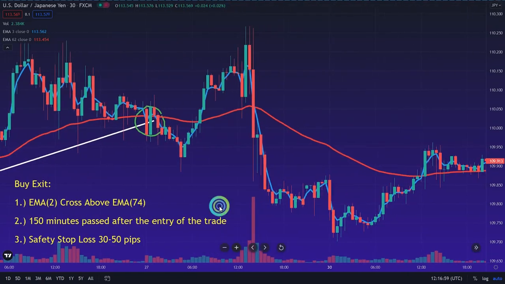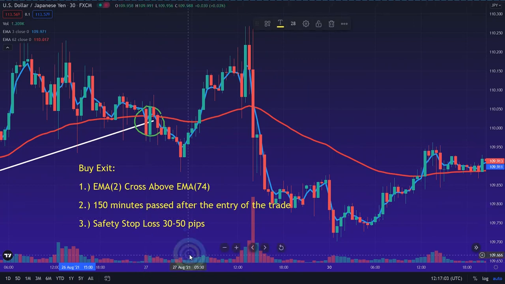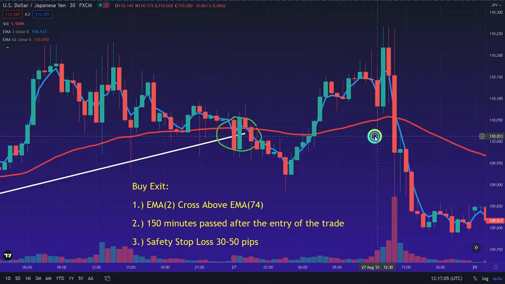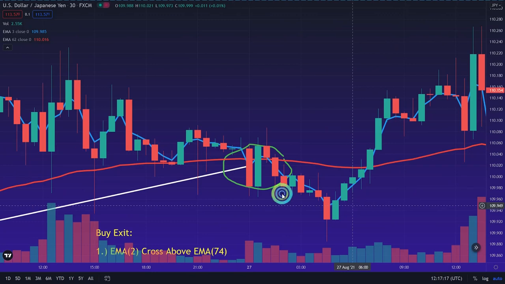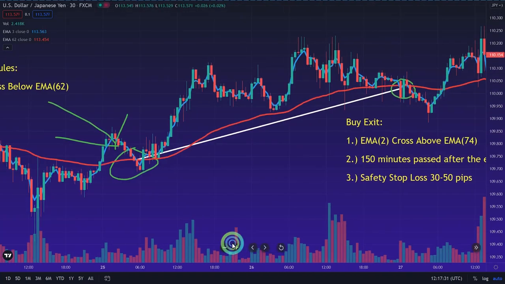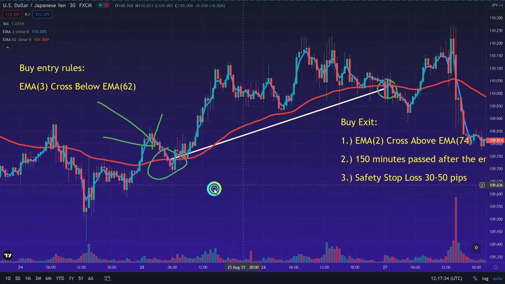I show you where we closed our trade. Of course, our second condition is already at the right place, and now here, well, it is not so obvious, but here our 2-period EMA crossed above our 74-period EMA, so we closed our trade, and it was actually quite a nice trade in my opinion.